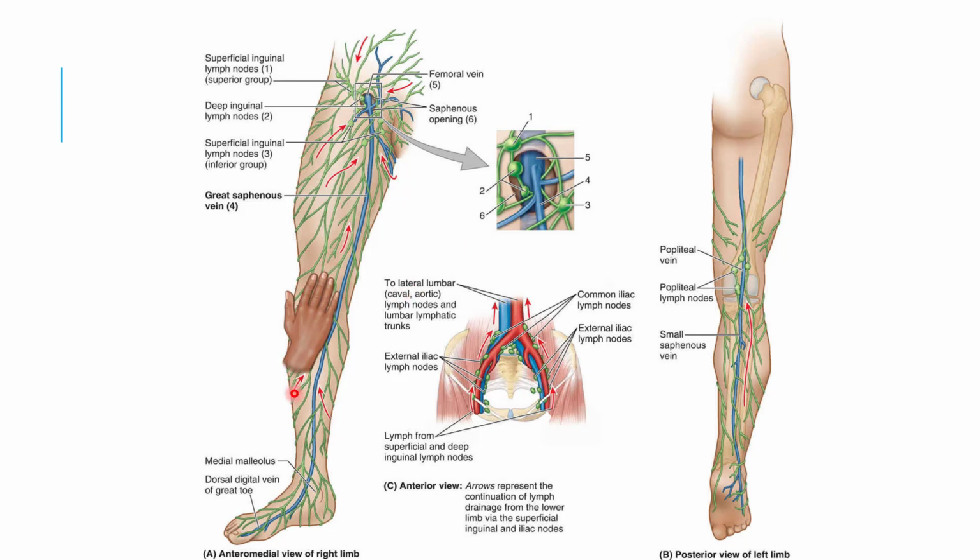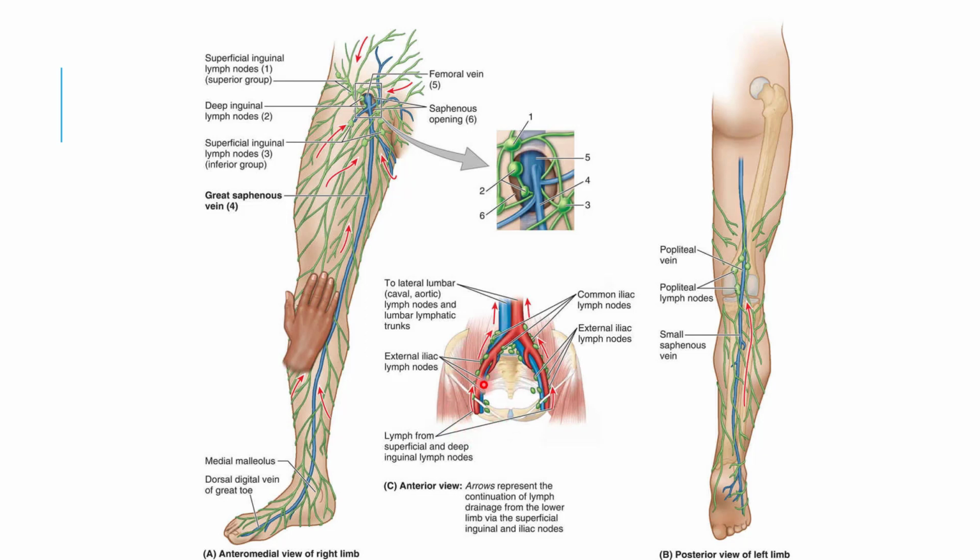See here in this diagram, they have shown the great saphenous vein. All lymphatic vessels are draining in the superficial inguinal lymph nodes, superior group, deep inguinal lymph nodes, and the superficial inguinal lymph nodes, inferior group. Then what will happen? The deep inguinal lymph nodes and the superficial inguinal lymph nodes will ultimately drain in the external iliac lymph nodes, which are around the external iliac vein.